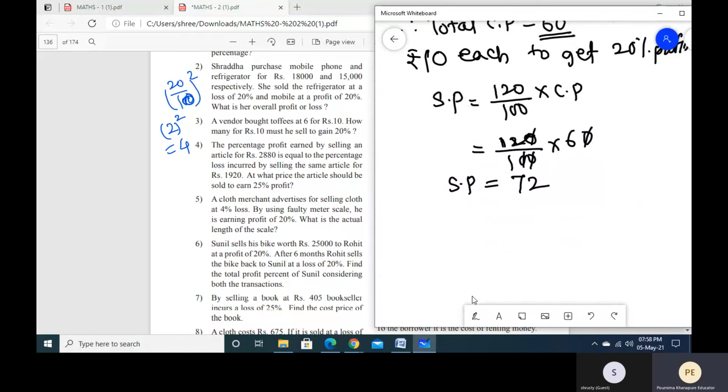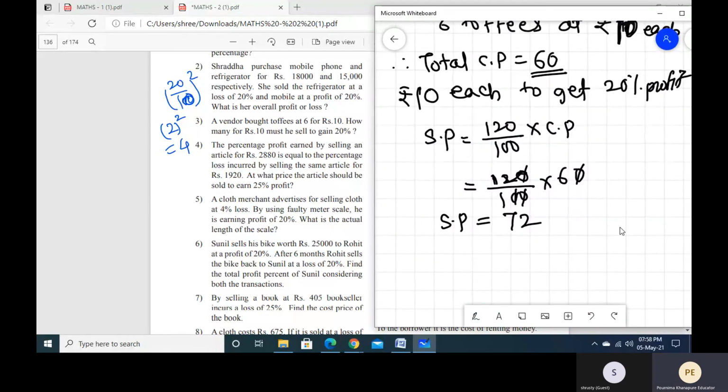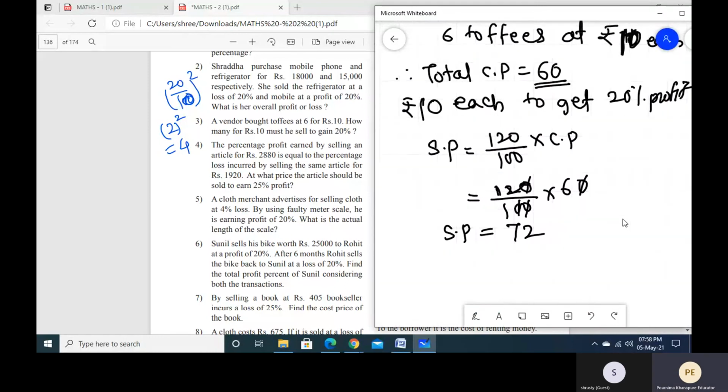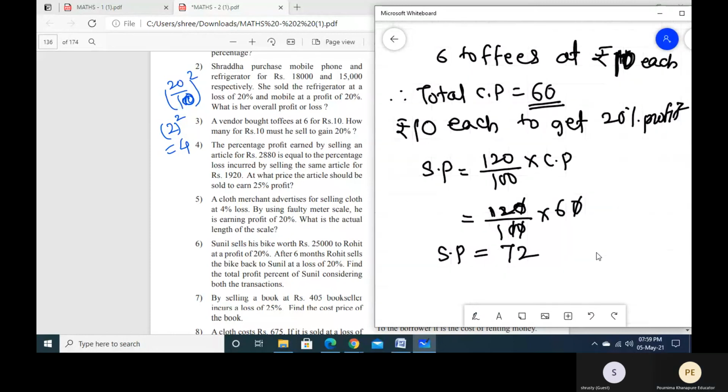Oh, yes. We have misunderstood this, because he said toffee at 6 for rupees 10. How many for rupees 10 must he sell to gain 20%? So that means for rupees 10 he bought 6 toffees, not each.